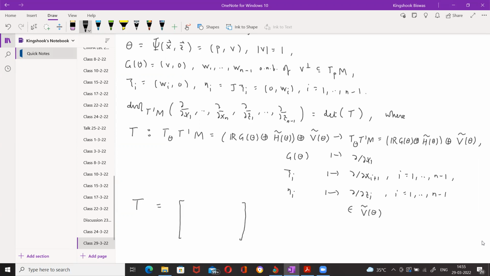Is it clear? So T, if I write it in block form, should be block upper triangular, right? Because there's no horizontal component for this last part. This is going to act on something horizontal and something vertical, right?